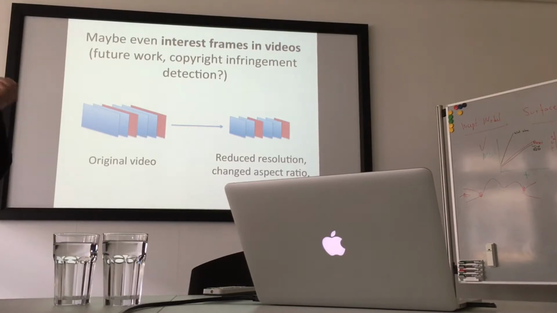Somebody uploads the video, but you don't want to store the whole video or duplicate it for some particular task. You want to store some concise representation so that when another video is uploaded, you can quickly match them. So this kind of technique could also be useful, but there's no general method to learn such interest point detection.